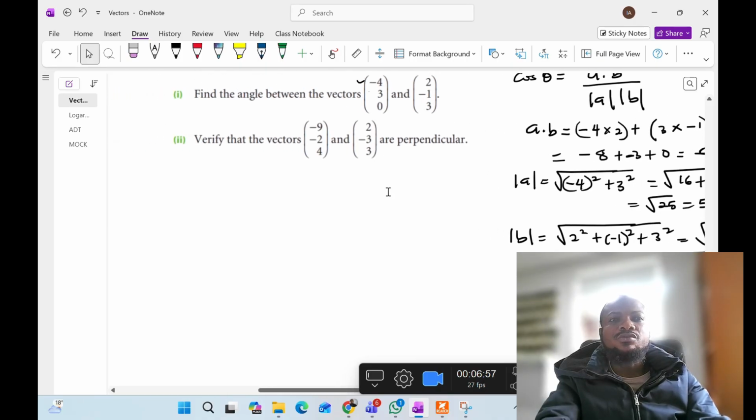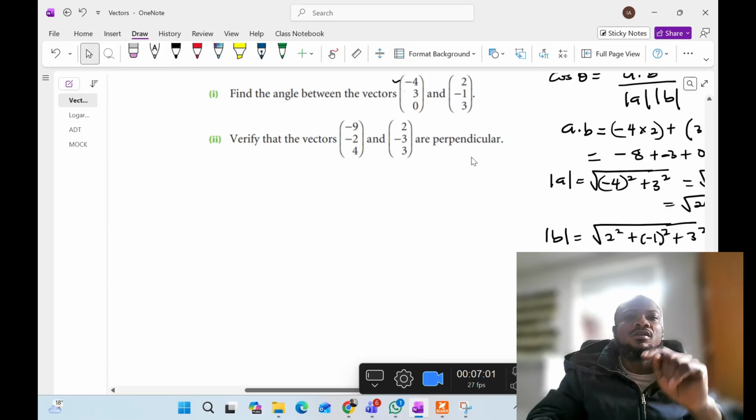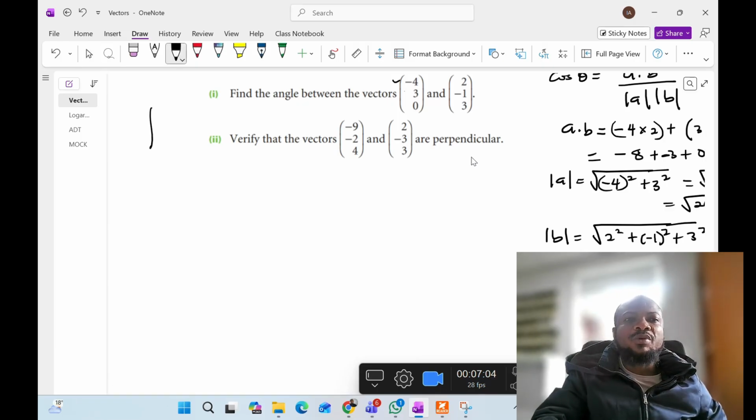Now the second question. We are asked to verify that these vectors are perpendicular. For two lines to be perpendicular, the angle between them is 90 degrees. That implies that theta must be equal to 90 degrees.